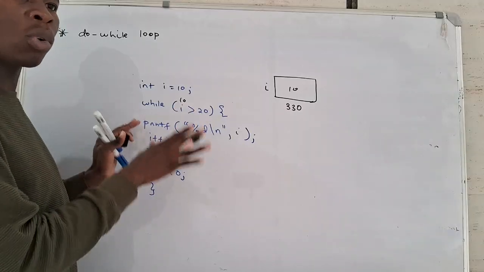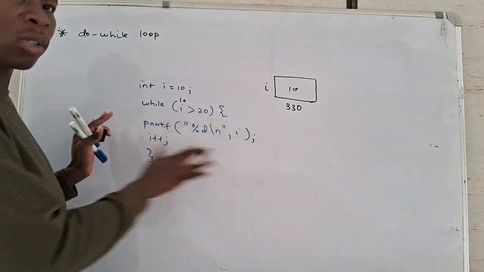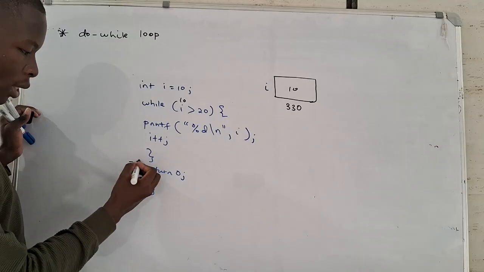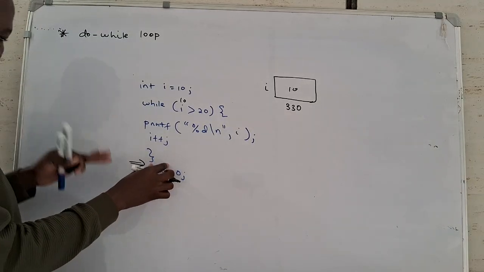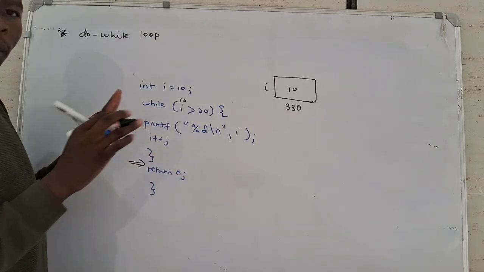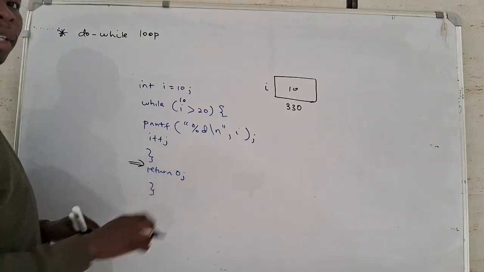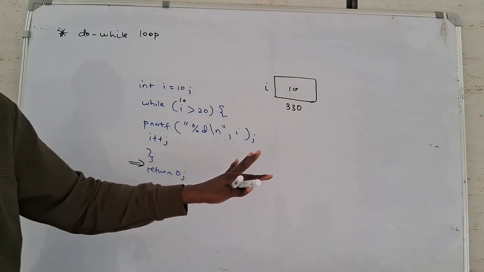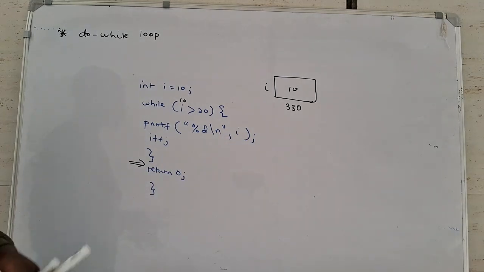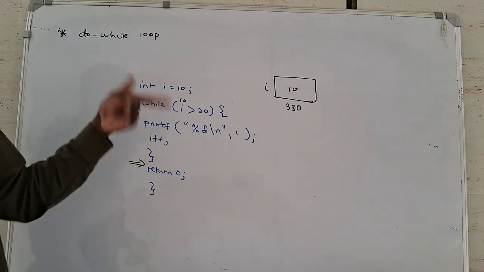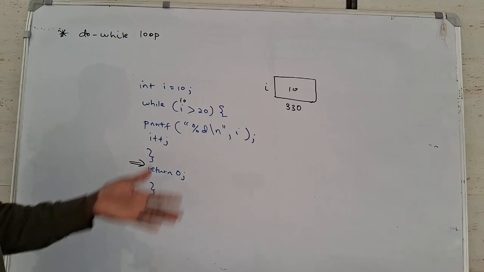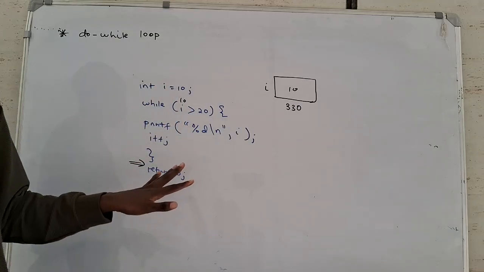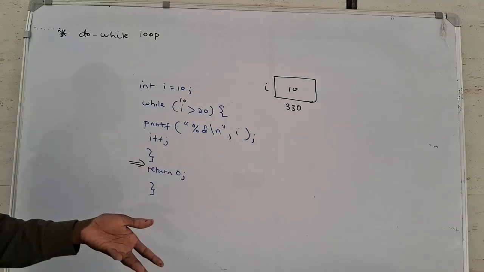It will execute the statements just below the while body, but there is nothing here, so it is going to print nothing. In the first test itself, the condition is not satisfied, so nothing is going to come.